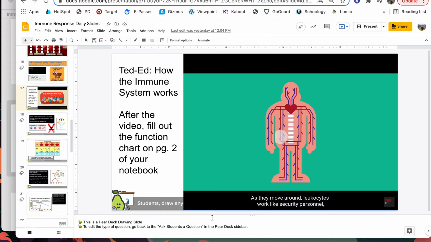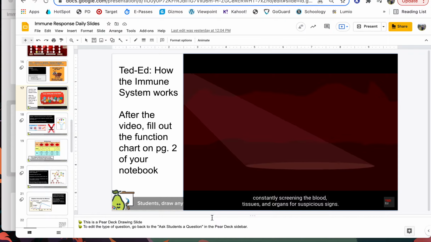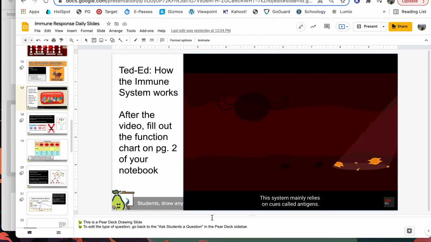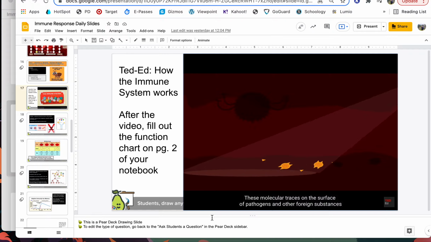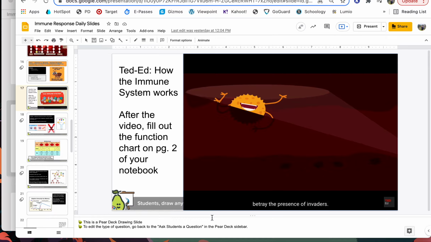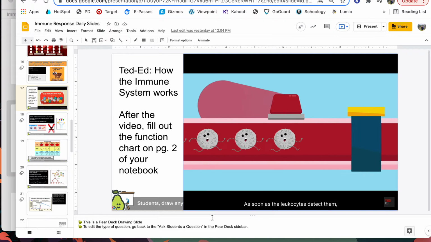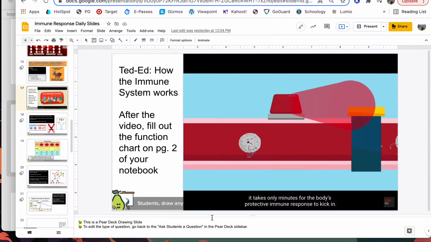As they move around, leukocytes work like security personnel, constantly screening the blood, tissues, and organs for suspicious signs. This system mainly relies on cues called antigens. These molecular traces on the surface of pathogens and other foreign substances betray the presence of invaders. As soon as the leukocytes detect them, it takes only minutes for the body's protective immune response to kick in.